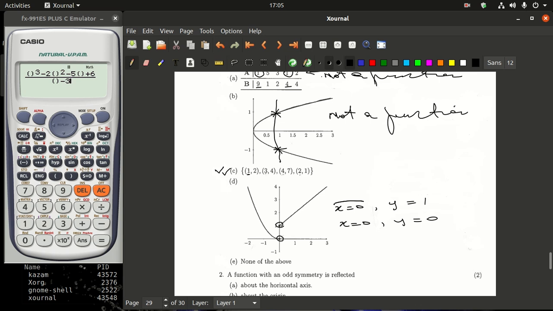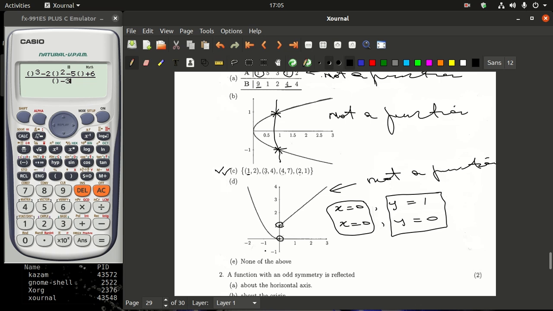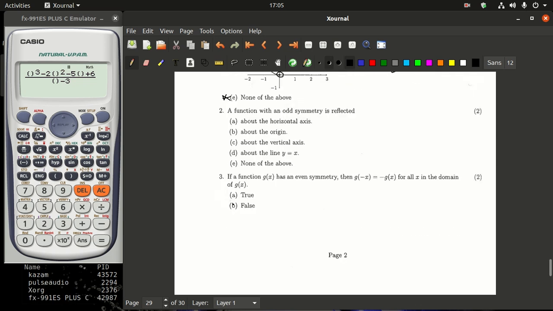So we have this one value here, which is equal to 0, being mapped to two different things, which means this one is just not a function, because we don't want to have one element mapped to two outputs. You have one element with two outputs, so not a function. Because this one is saying none of the above, and we know C is correct, so this is not correct. So C is the correct answer.